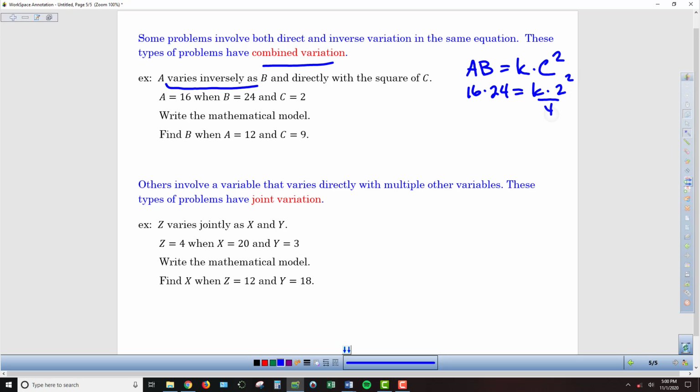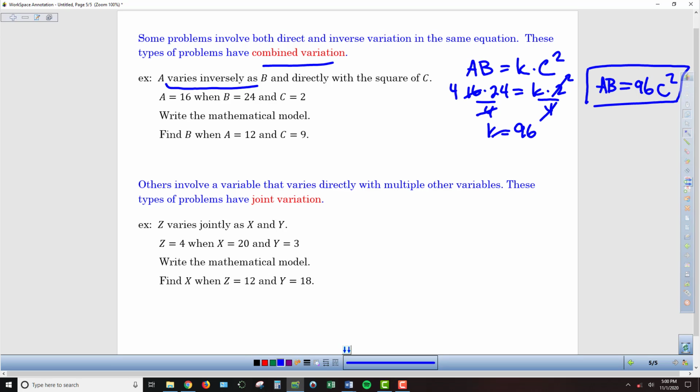So I'm going to divide both sides by 4. And so we get a K value in this case of, if I reduce here the 16 and the 4, I just have 4 times 24 left, so I get 96. So my model equation is going to be AB equals 96 C squared.